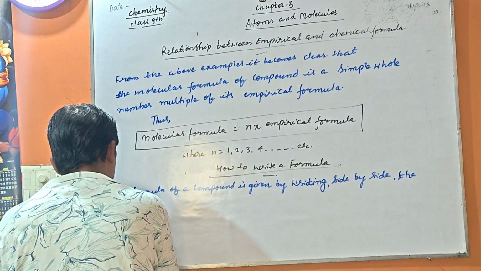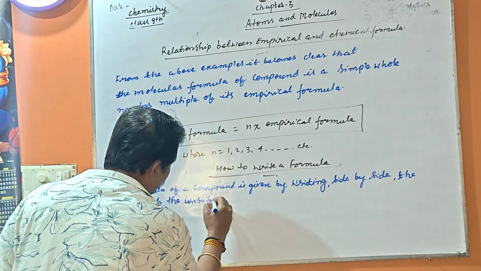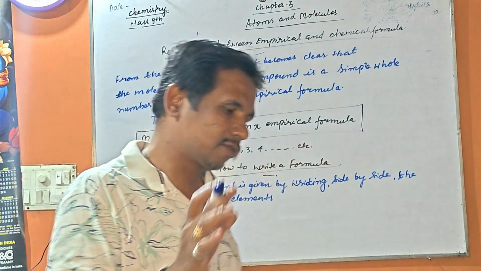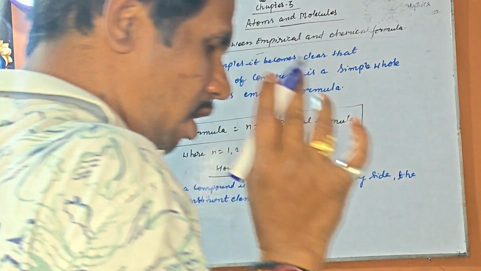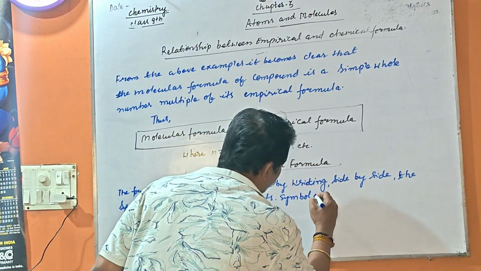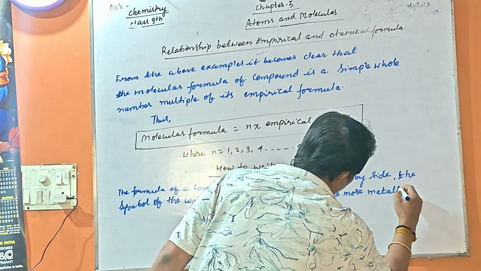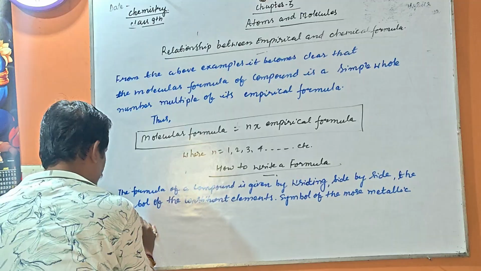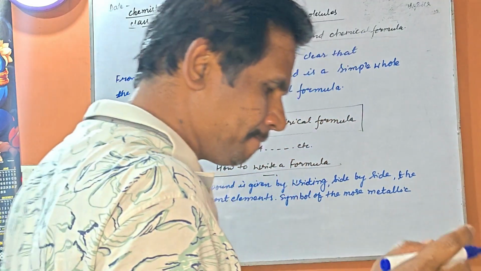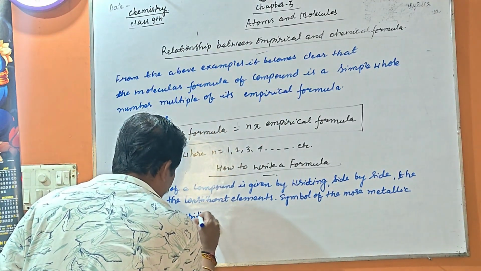The symbol of the more metallic element is written first in the formula.